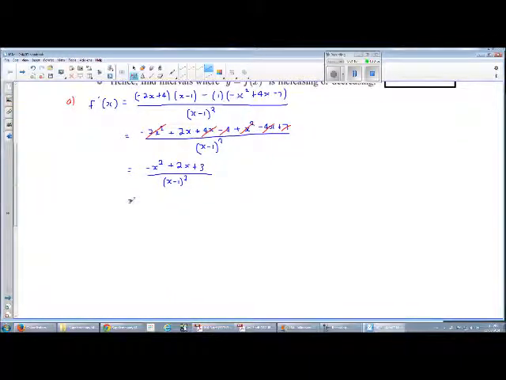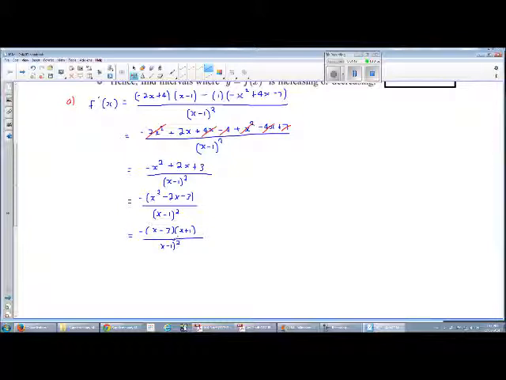I'll factor out the negative 1 from the numerator because I tend to like the look of a polynomial expression with no negative in front of the x squared term. And then I can quickly do a little bit of factoring. So I've got x minus 3 and x plus 1 all over x minus 1 squared.